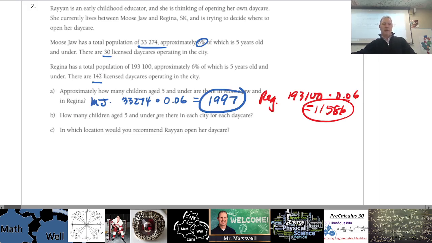How many children aged 5 and under are there in each city for daycare? So for each daycare, we have 1997 divided by 30, right? So there's 30 that can support that number.